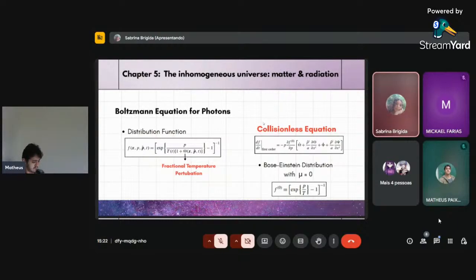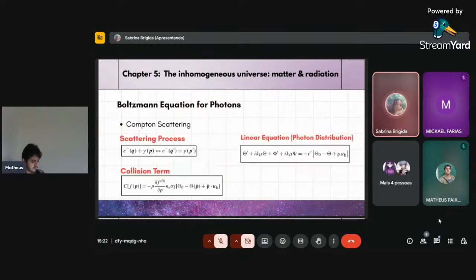So this is what we're gonna see here, for example, that for the photon distribution functions, we have a process that we need to take into account. That is the Compton scattering in this case. So we have a scattering process of interacting between the electron and the photon, for example.